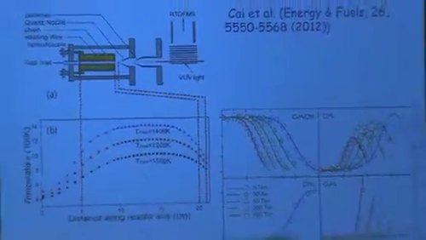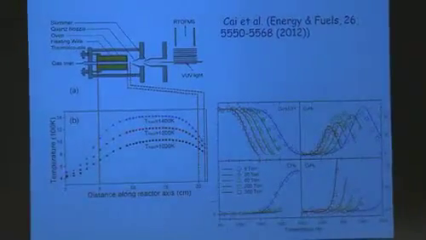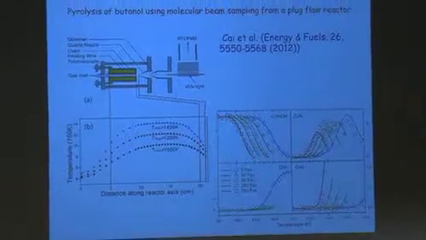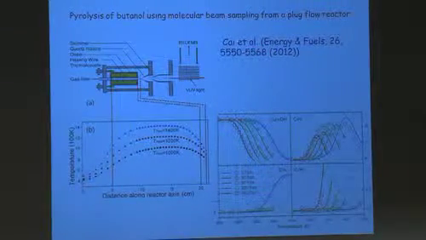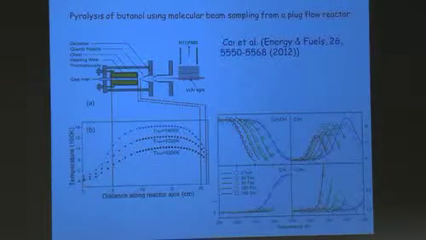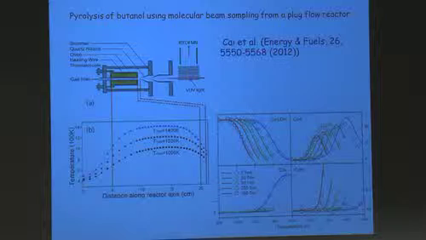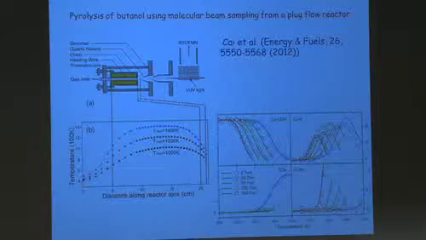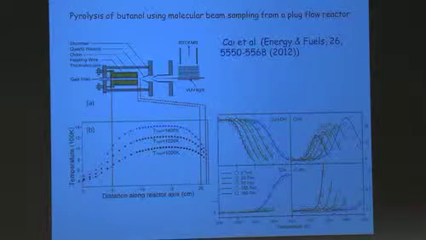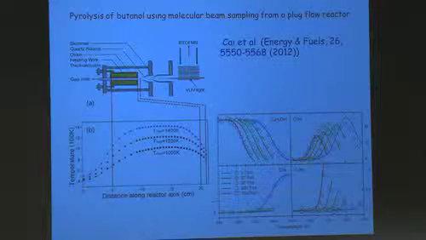Another sort of flow reactor is this one from China. So this is using the synchrotron facility in China. And these are experiments described by Kai et al. in this paper here. And so this is the overall reaction system. So they have this reactor here with heating tape round the reactor.